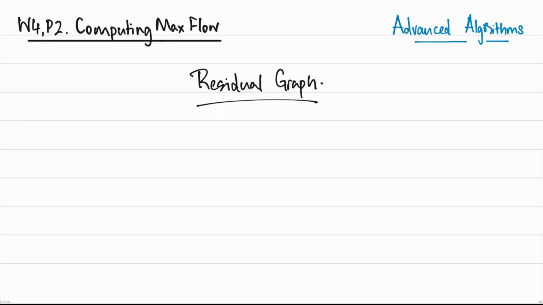So what is a residual graph? It's a graph where, just like we said before, we adjust the capacities to account for the current flow. So the capacity of an edge is not just the given capacity of the edge, it's the given capacity with the current flow subtracted. That's where the word residual comes from.